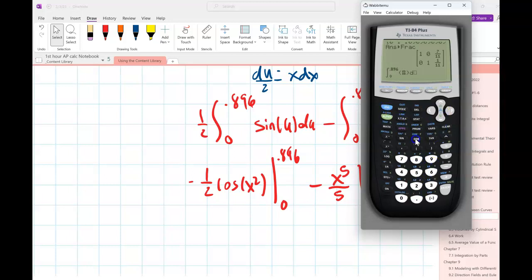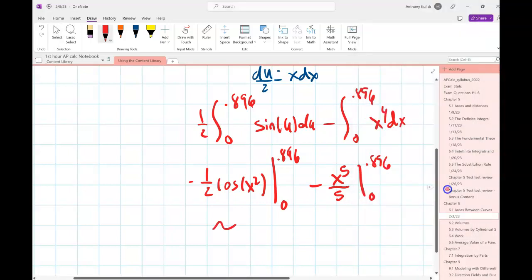And we had Y1, VARS, Y-VARS, function Y1, minus Y2, VARS, Y-VARS, function Y2, with respect to x. And there's my area, which is probably expected if we looked at the picture. There wasn't a lot of space in between those. So about 0.037.